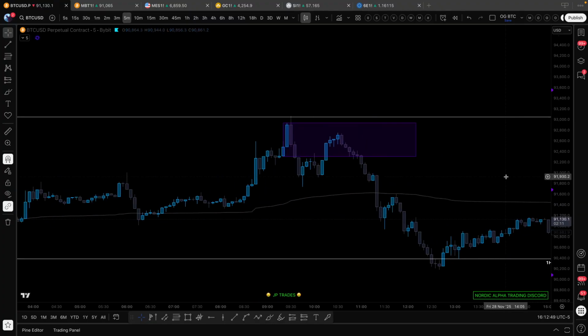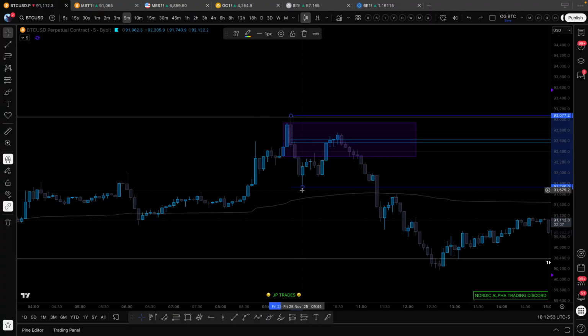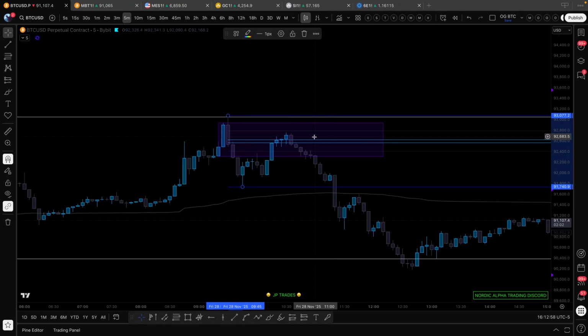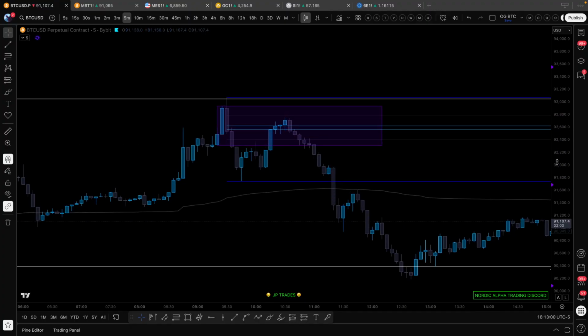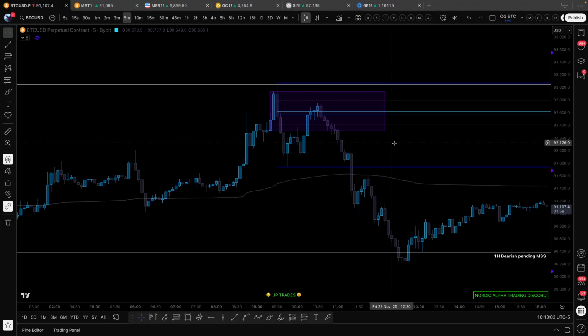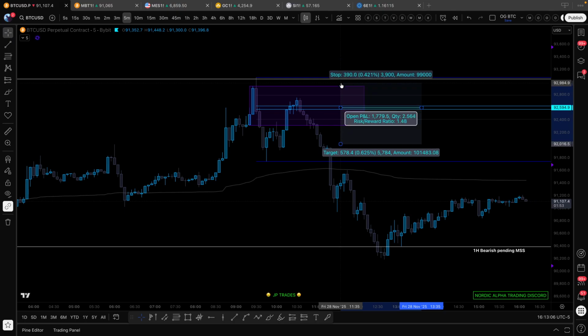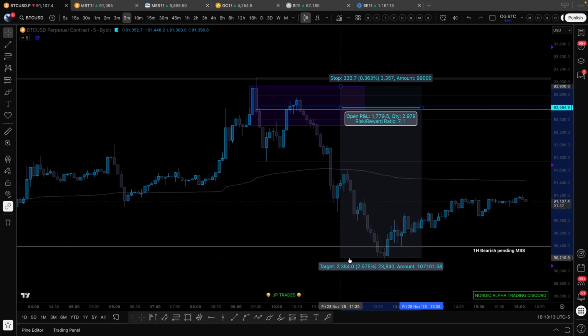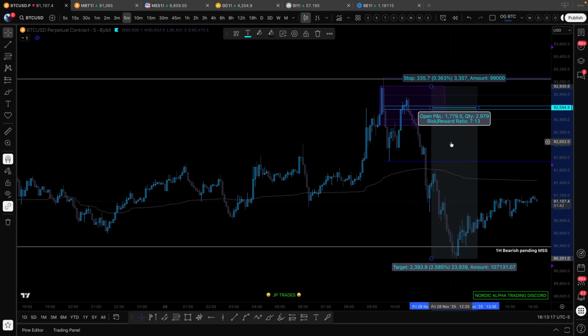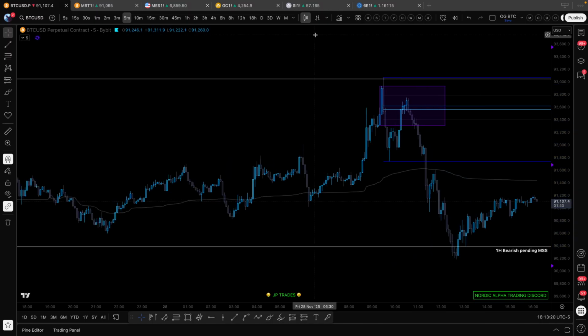I also popped my Fibonacci on the screen and saw that we had this golden pocket right in a nice center spot of that order block. So that is where you would have taken the short from, somewhere in that golden pocket. Put your stop loss at the top of the order block, target the lows here. That was about a 7-hour trade on that retest of the 4-hour SFP.